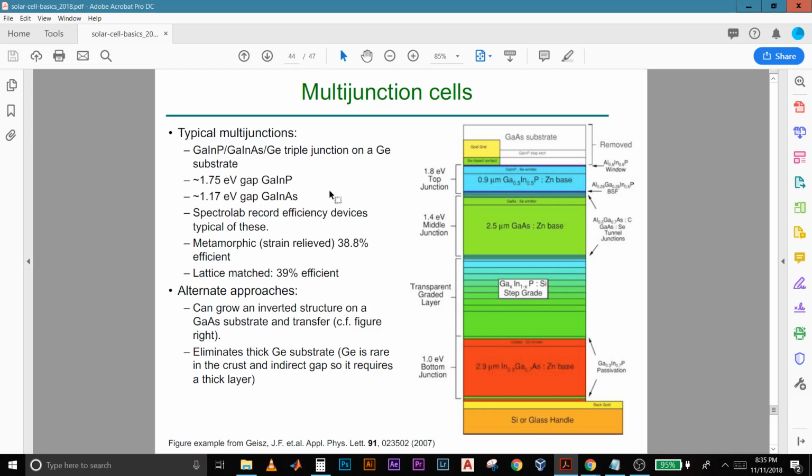Multi-junction solar cells are different materials stacked on top of one another, and photons with different wavelengths and energies are absorbed by each of these materials separately, and thereby it leads to an increase in the total efficiency of the device.